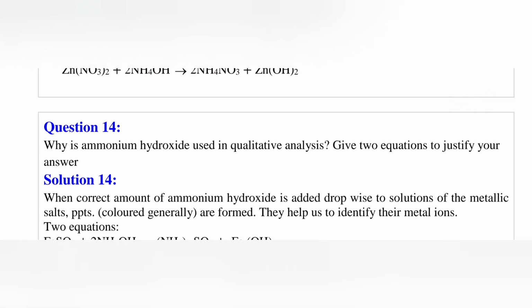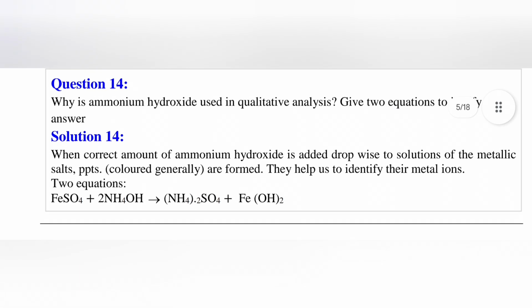Why is ammonium hydroxide used in qualitative analysis? Give two equations to justify your answer. The correct amount of ammonium hydroxide is added dropwise to the solution of a metallic salt. It gives colored precipitates, which help us to identify the metallic ions. That's why it is used in qualitative analysis.